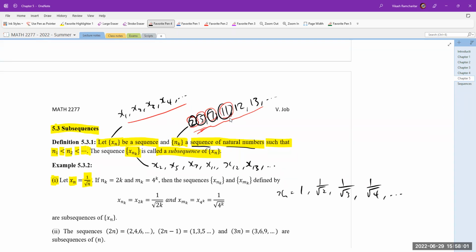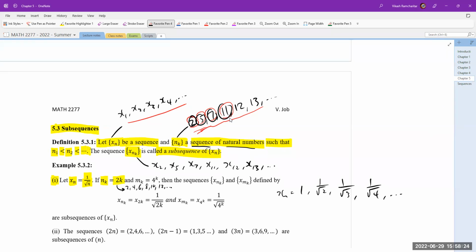Right? If I take as my index n_k to be 2k, so what are these terms? k is a natural number, so k runs from 1 to infinity. So this is 2, 4, 6, 8, 10, 12. What terms are these? These are the even terms, right?